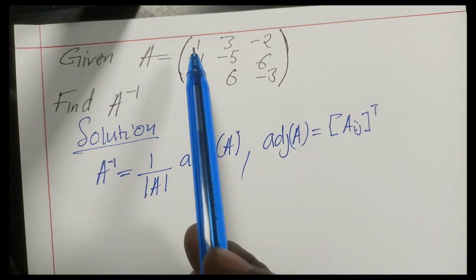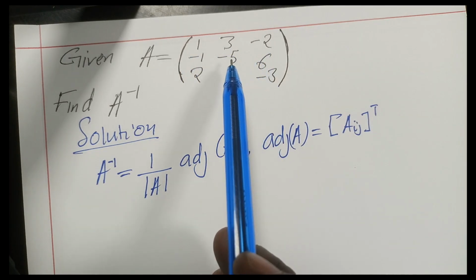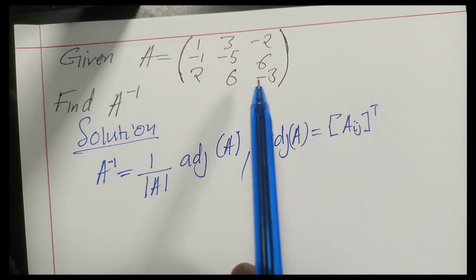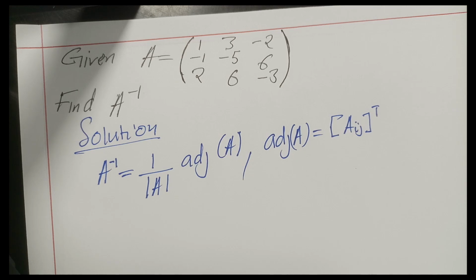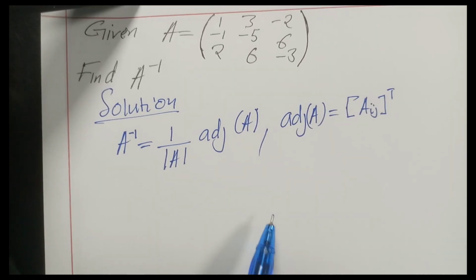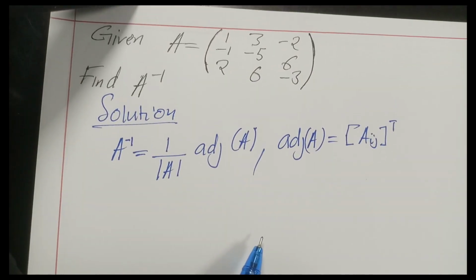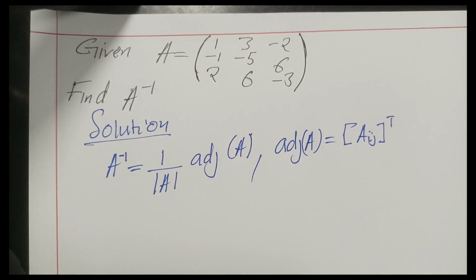We find the cofactor for this element, the cofactor for that element, and that element, 2, 6, and negative 3. That is going to give you a matrix of cofactors. So let's find the matrix of cofactors of this given matrix.